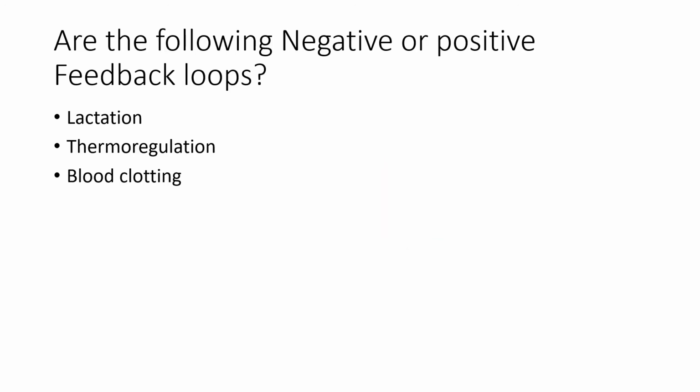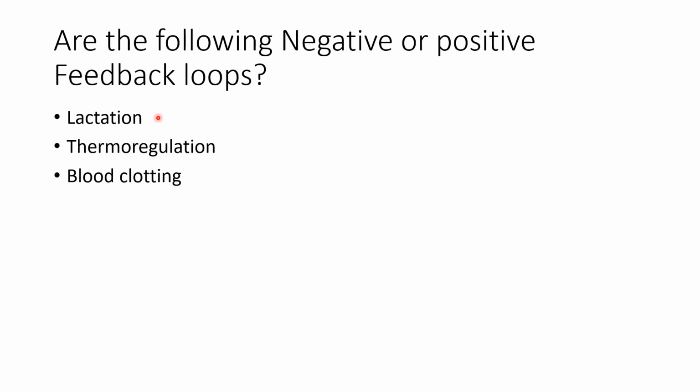So check out those examples and try to figure out whether they are negative or positive feedback loops. Lactation is when a mom is nursing her baby. So if you think about it, when the baby is sucking on the breast tissue, that motion is actually sending a signal from the brain to produce a hormone that would allow the milk to continue being released, and another hormone is also going to be released to help the milk get ejected.